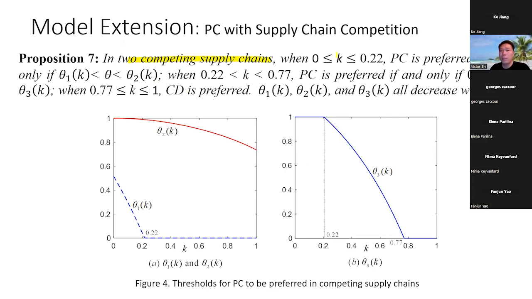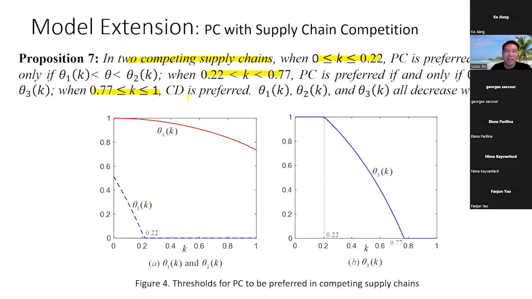If K is between 0 and 0.22, PC can be better as long as the ownership is within a certain range. If K is between 0.22 and 0.77, PC can still be better. But if K is large enough, then CD is preferred.